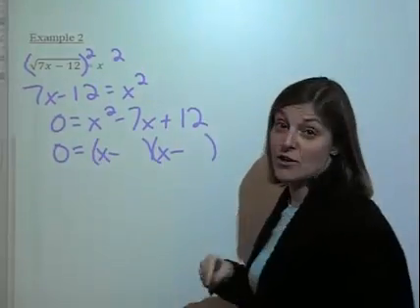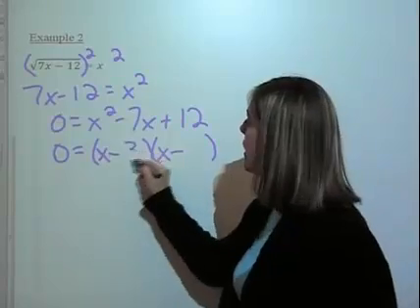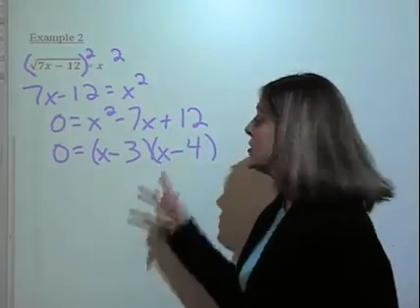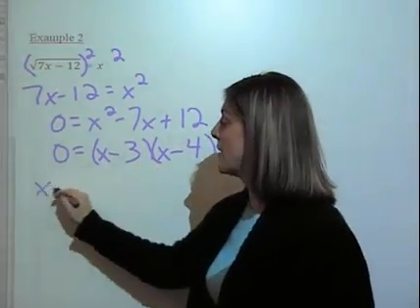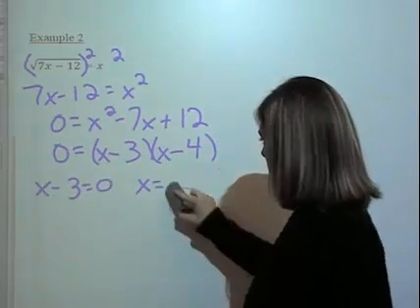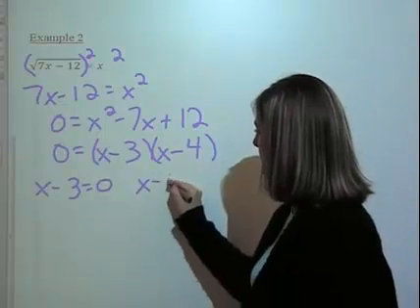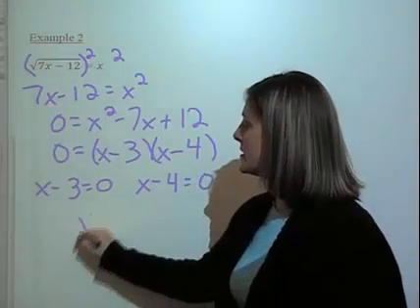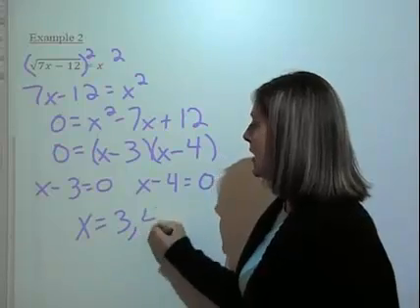And then the factors of 12 that are going to give us 7 are 3 and 4. So then we take each of those and set them equal to 0. Oops. It needs to be x minus 4. So x equals 3 and 4.